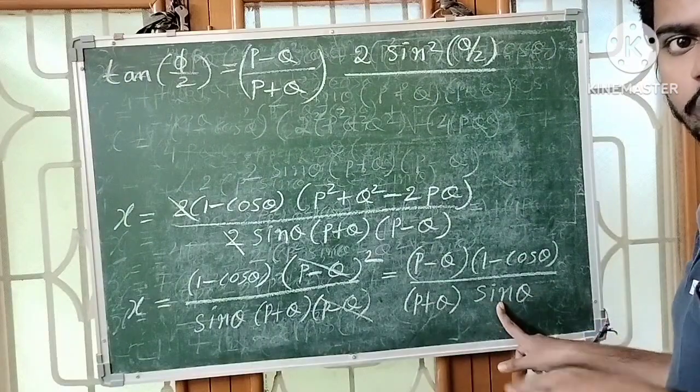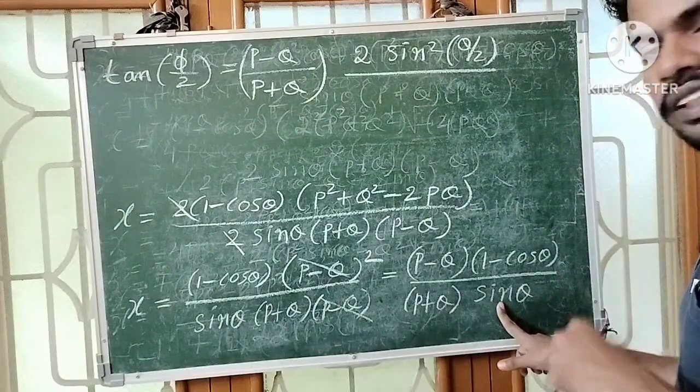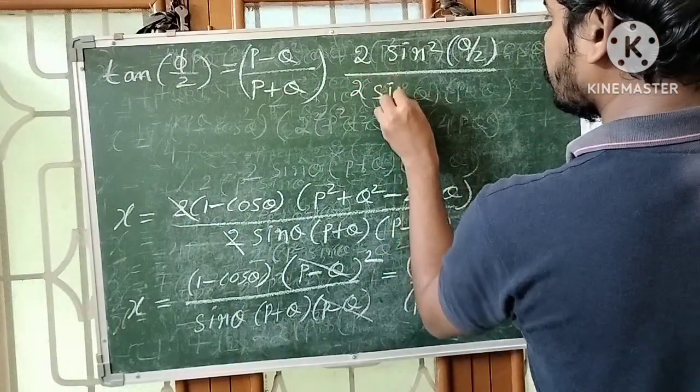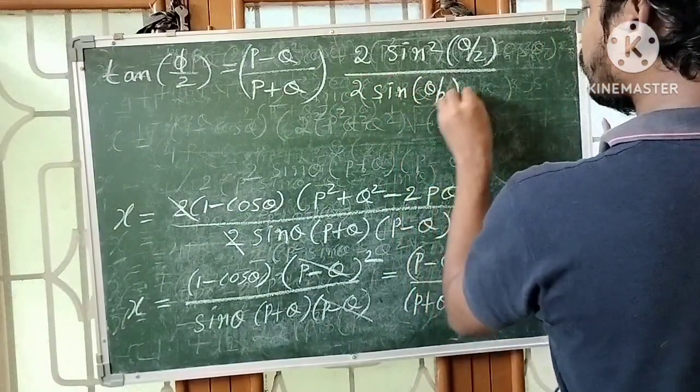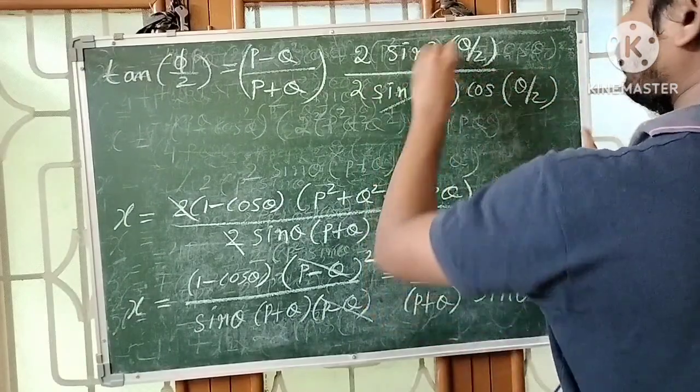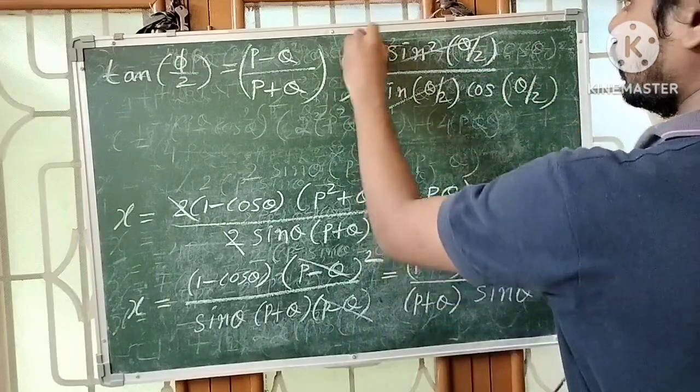Sin 2 theta formula is 2 sin theta cos theta. Sin theta by submultiple angle formula is 2 sin theta by 2 cos theta by 2. So one sin theta by 2 gets cancelled, 2 gets cancelled.